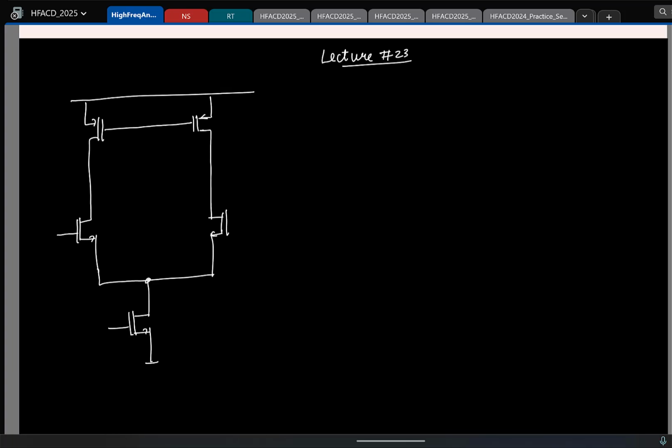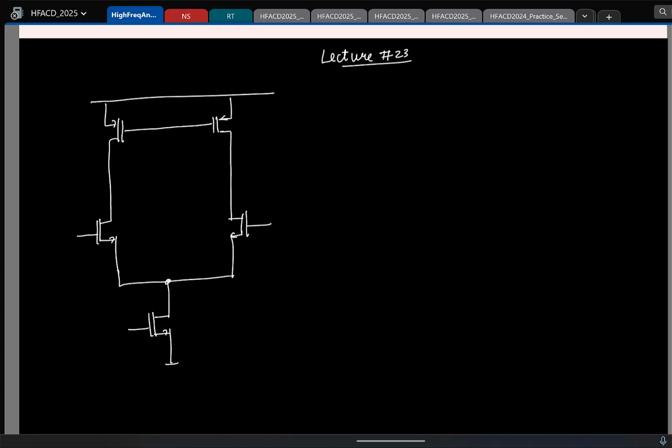Let us say I apply bias voltages VCM, and this is connected to some voltage VB. I am hoping that everyone is convinced that the drain voltages here will not be defined properly, right? And why is it not getting defined properly?